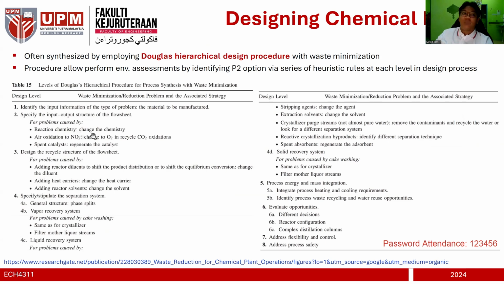Maybe you change the chemistry. Maybe instead of one reactor, you use two reactors. The first one deals with the first reaction, and the second one deals with the second. Or maybe you change the kinetics, add a catalyst for better selectivity. Something like that. So that's the idea.